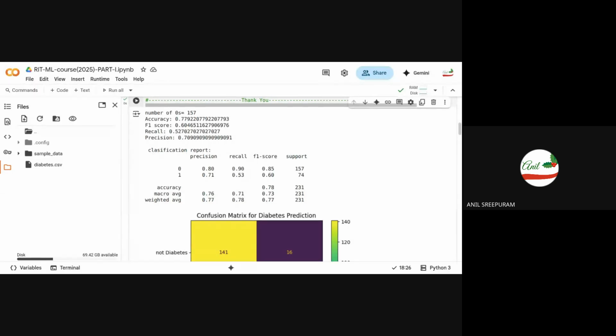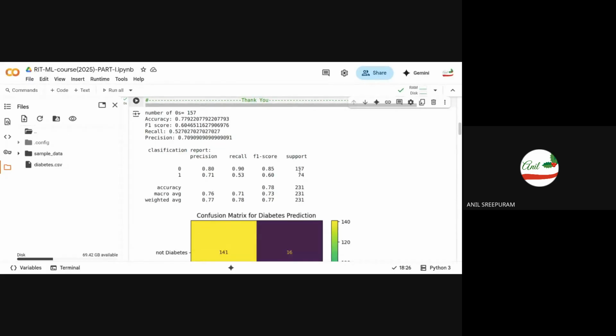And the other one is also some weighted information. If I get time, I will explain. This support means actually the number of samples of class 0. That means there are 157 samples with the non-diabetic category in the test data and 74 samples with the diabetic category.